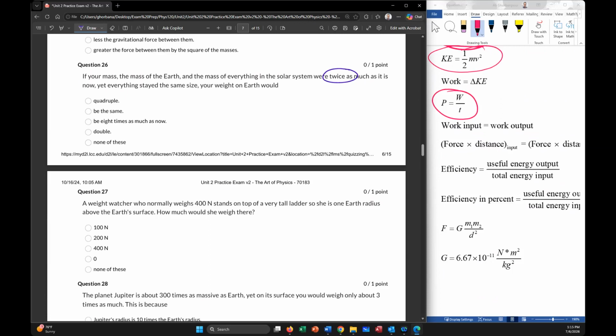Double, isn't it? Your weight on Earth. Double, isn't it?